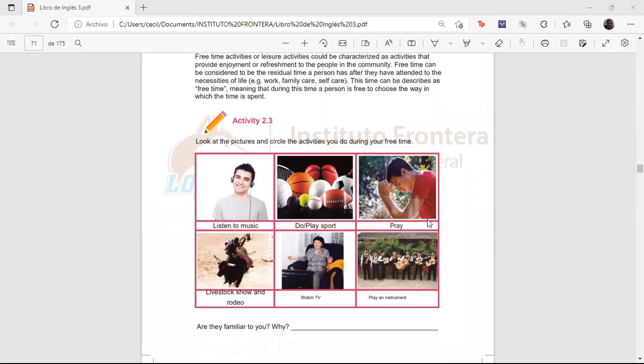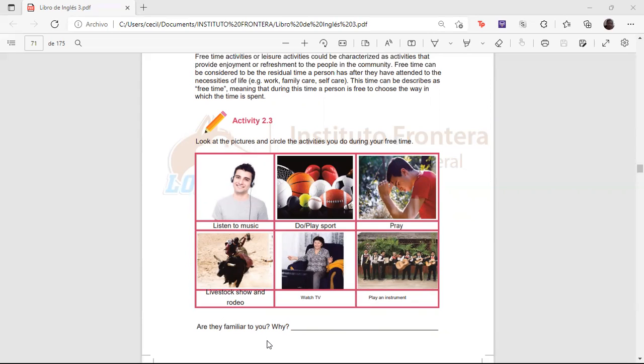Okay, so what do we see in the pictures? We said listen to music, playing sports, praying, live stock show and radio, watch TV, play an instrument. Now, are they familiar to you? Are they familiar to you? It's not that it's something in your family. No, it's familiar. It's common to you.